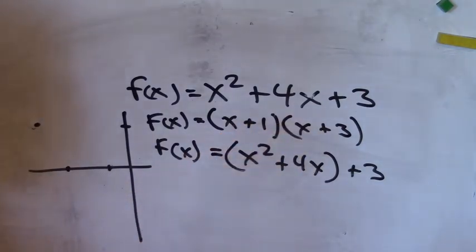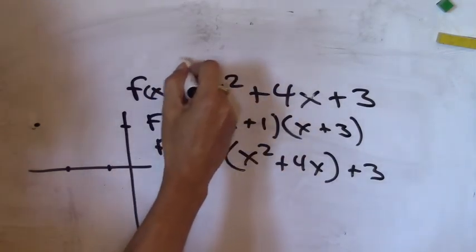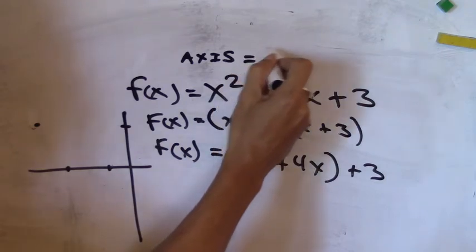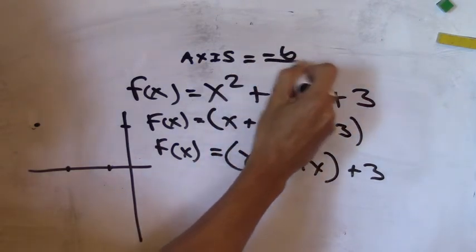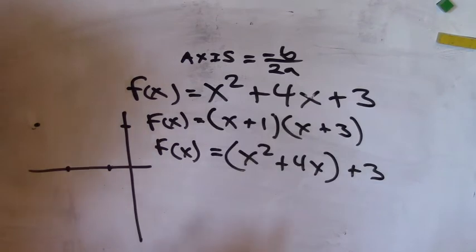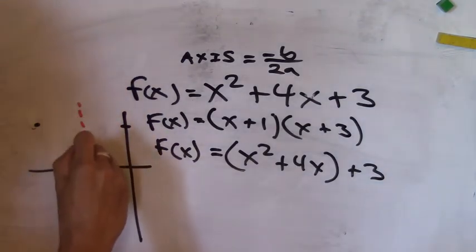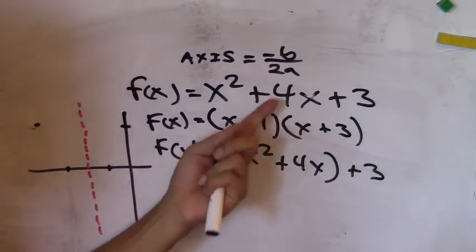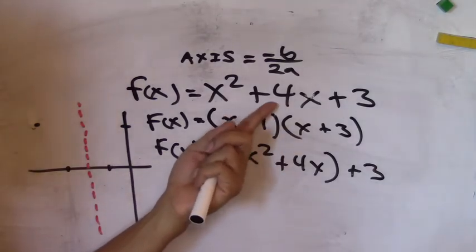All right, last thing. What's the axis of symmetry going to be? It'll be in the middle. X is negative 1, negative 3, so it has to be negative 2. And gee, what just happens to be negative b over 2a?